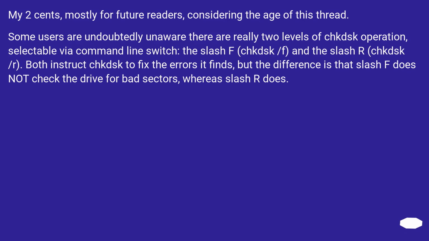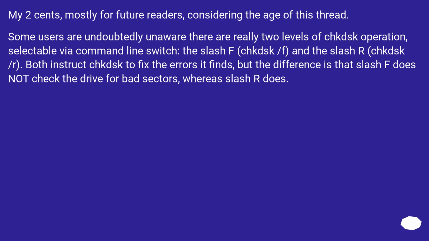My 2 cents, mostly for future readers, considering the age of this thread. Some users are undoubtedly unaware there are really 2 levels of chkdsk operation, selectable via command line switch: chkdsk /f and chkdsk /r.